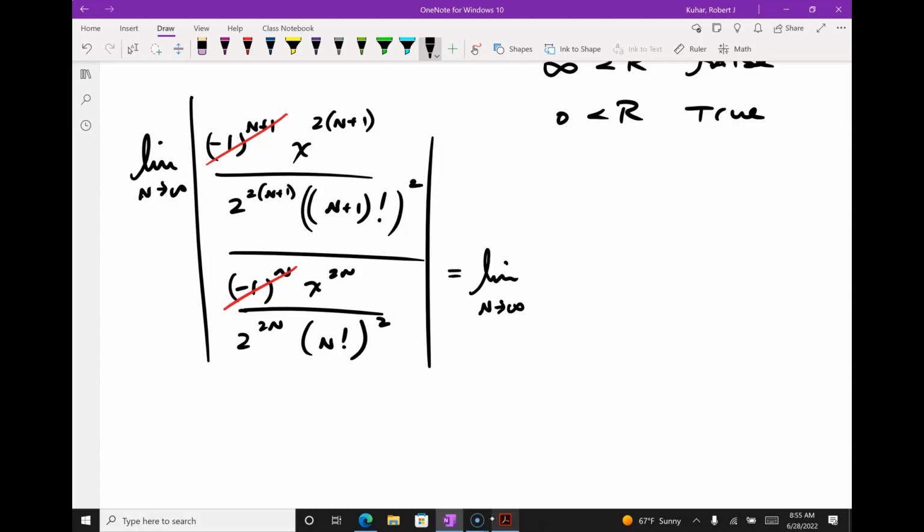And then I want to expand these exponents here that have some work to do. So I've got an x to the 2n times x squared. Hopefully you can see that without too much trouble.